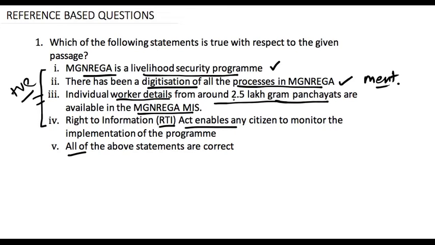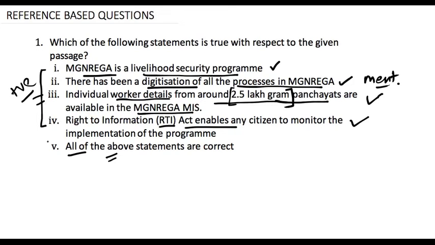Individual worker details from around 2.5 lakh gram panchayats are available. We have to find out if this fact is true to ensure that this answer choice also belongs. RDI Act enables any citizen to monitor the implementation of the program. This, as a standalone statement, is also correct. So there is a high possibility that the answer choice is 5.